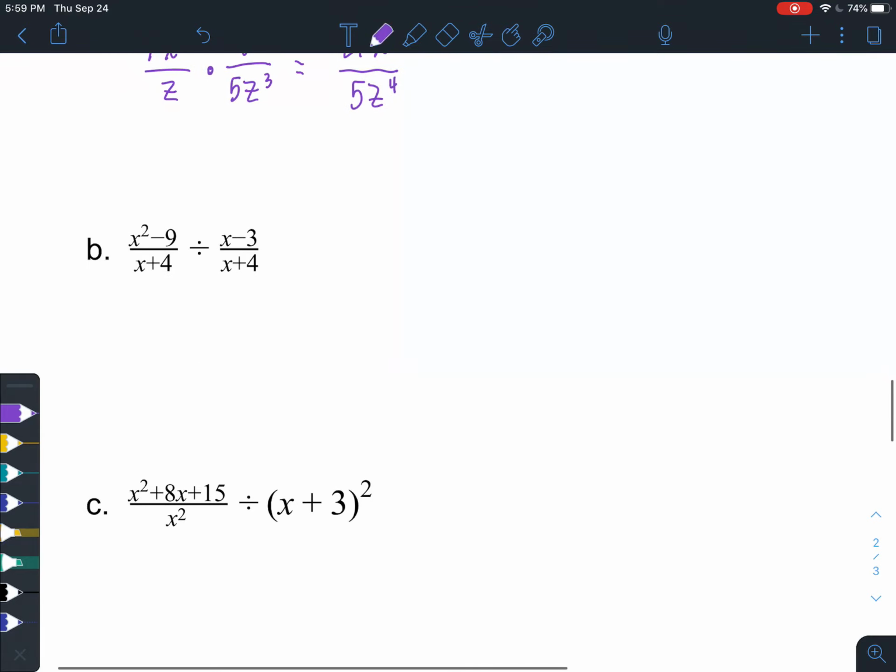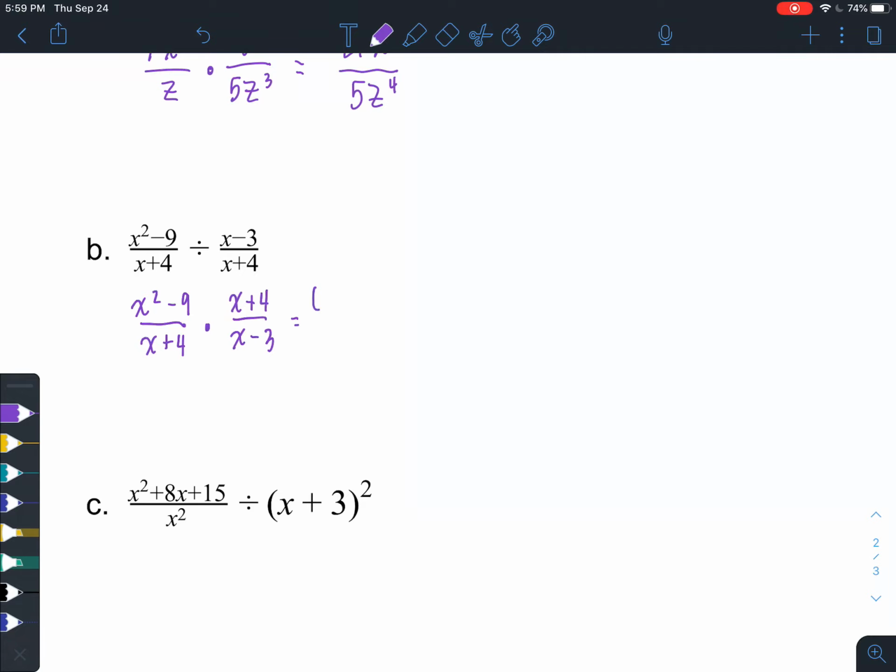All right, next up here, let's go ahead and flip first. So I have (x squared minus 9) over (x plus 4) times (x plus 4) over (x minus 3). Let's go ahead and factor.